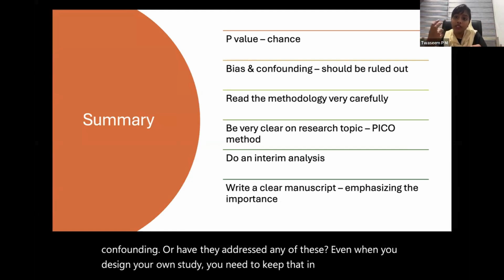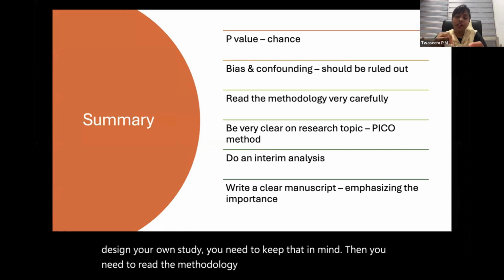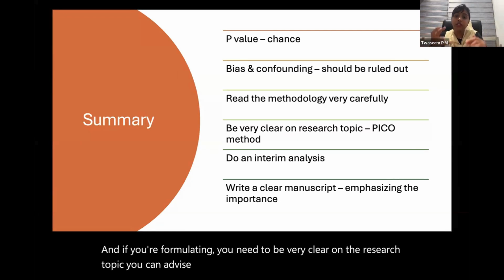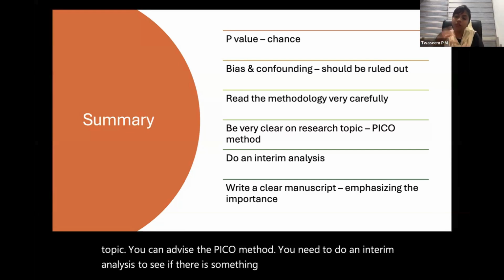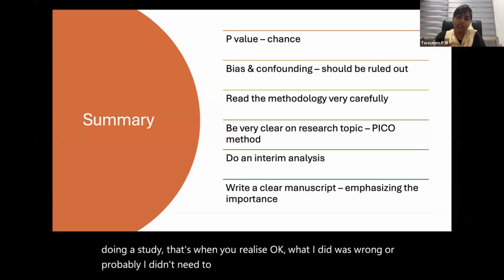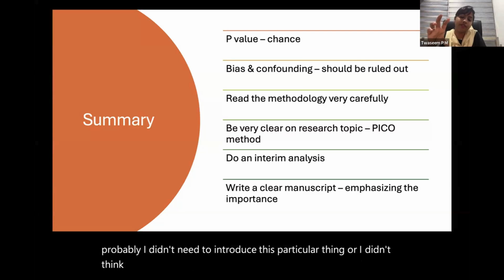Then you need to read the methodology very carefully. And if you're formulating a question, you need to be very clear on the research topic. You can advise the PICO method. You need to do an interim analysis to see if there is something. Probably in many cases you start doing a study, that's when you realize, okay, what I did was wrong, or I didn't need to introduce this particular thing, or I didn't think about this bias or a confounder.